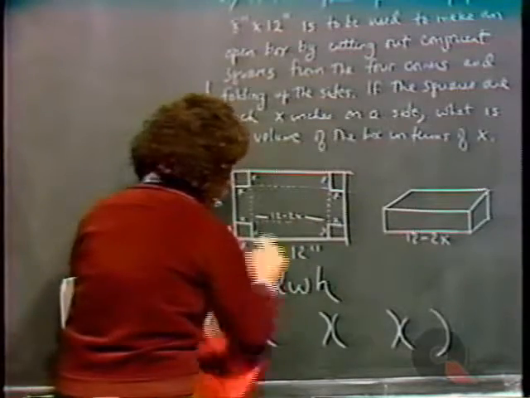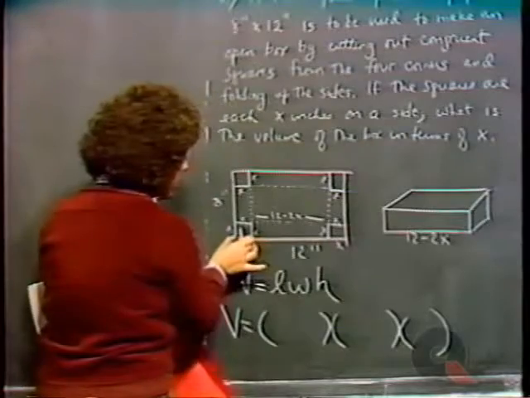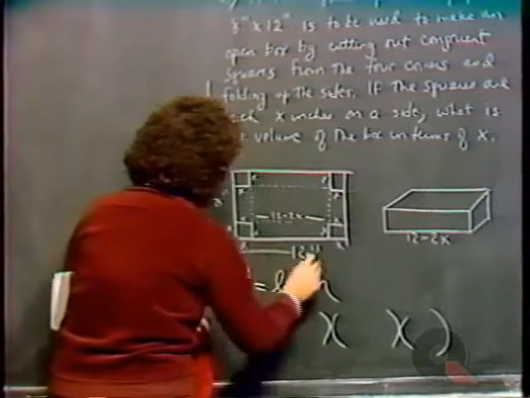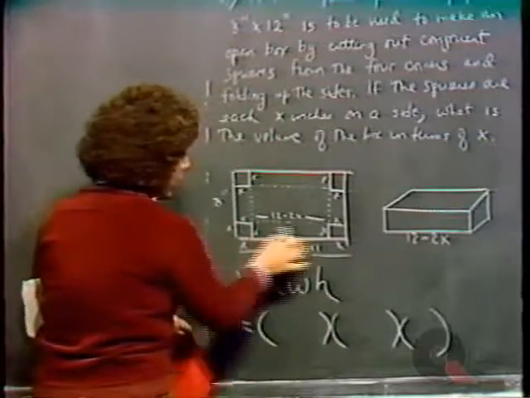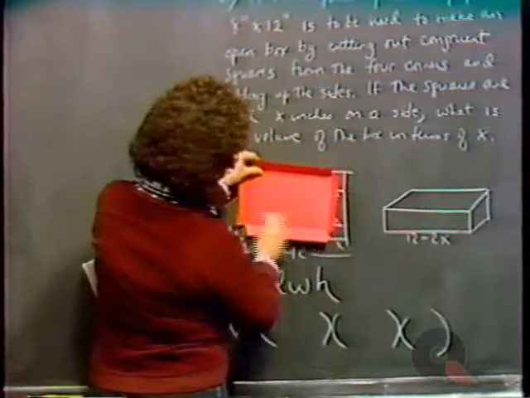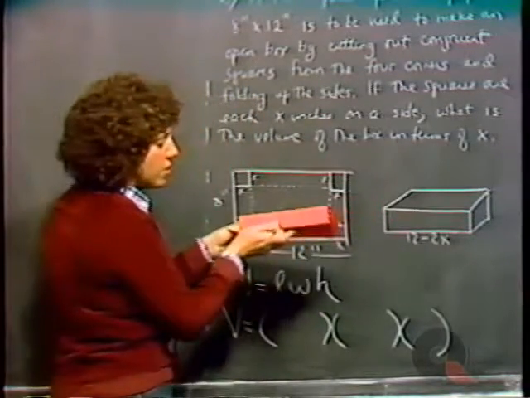It was originally 12 inches from here to here. We took off x on this end and x on that end. That's the whole length. Take off x here, take off x there, just 12 minus 2x. This is the 12 minus 2x. And when you fold it up, that becomes the length of the box.